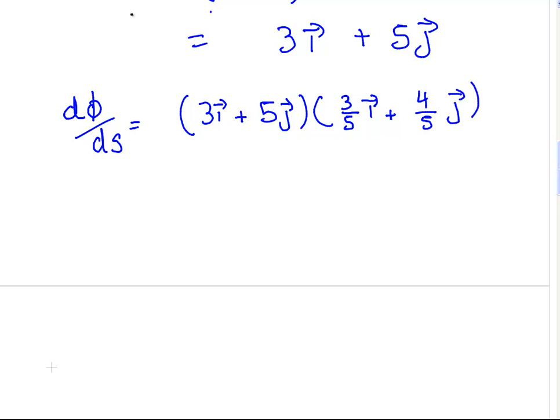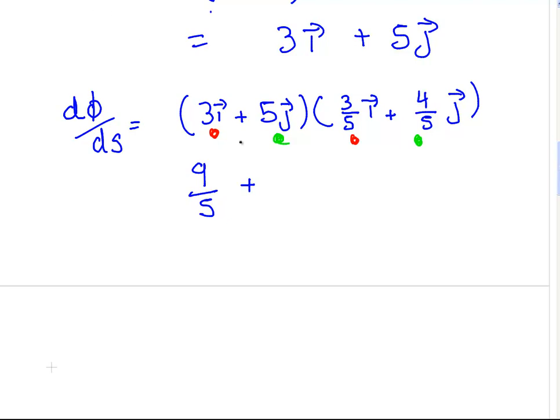Now, what we're going to do here is multiply each of the components and then just add them up. So 3 times 3 over 5, that's the i components, that's 9 over 5. Now we'll do the j components. So it's 5 times 4 over 5.